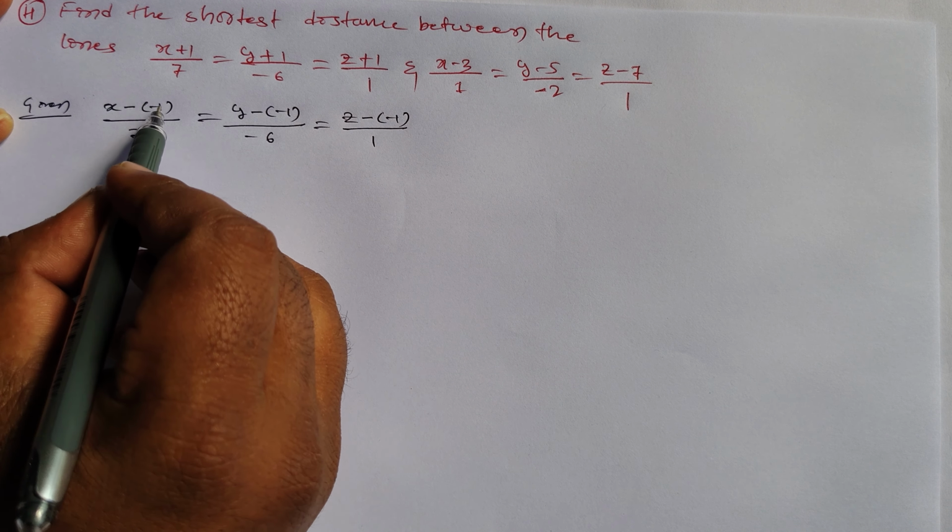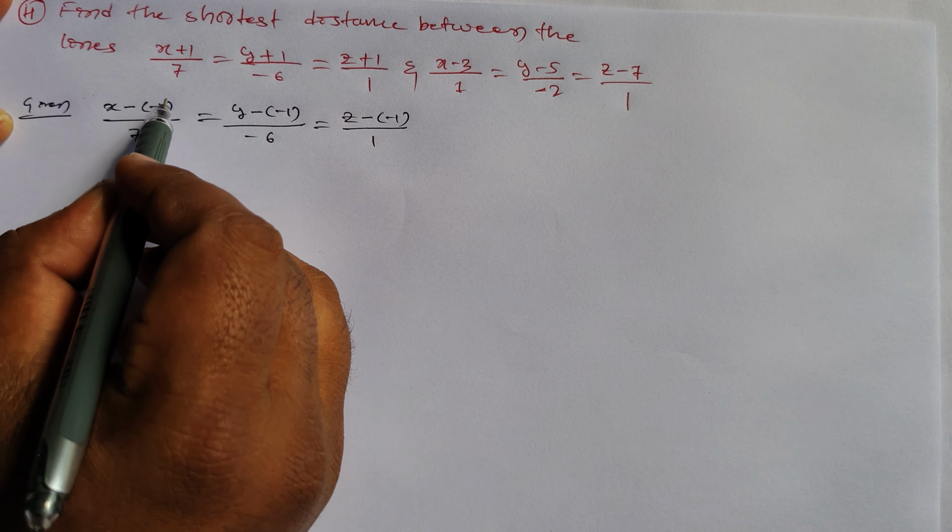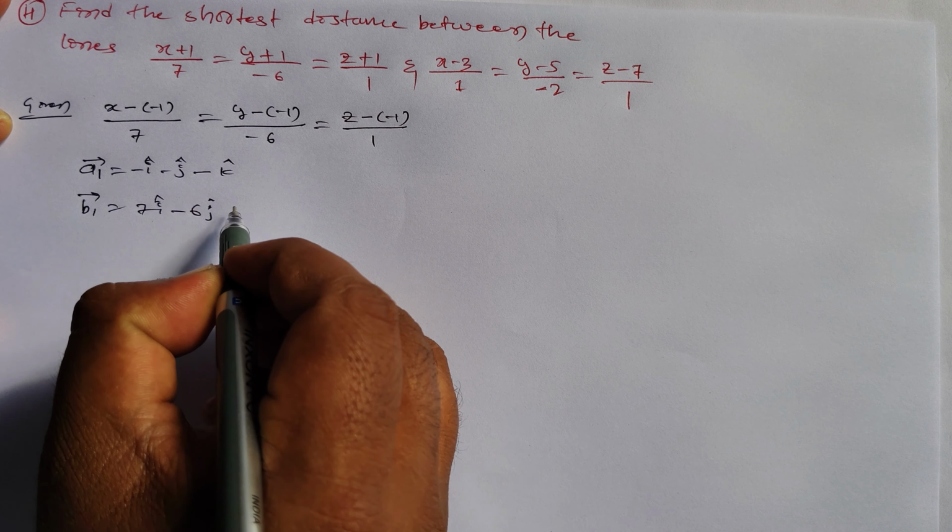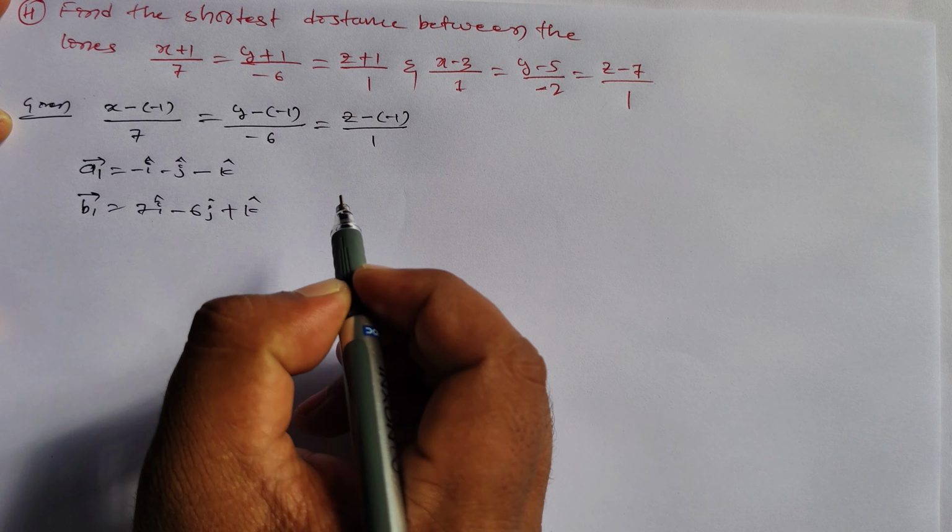So these are the coefficients of the a1 vector. So can I write a1 vector equal to minus I minus j minus k cap. So b1 vector is equal to, okay, these are the ratios of the b1 vector: 7I minus 6j plus k cap, right?